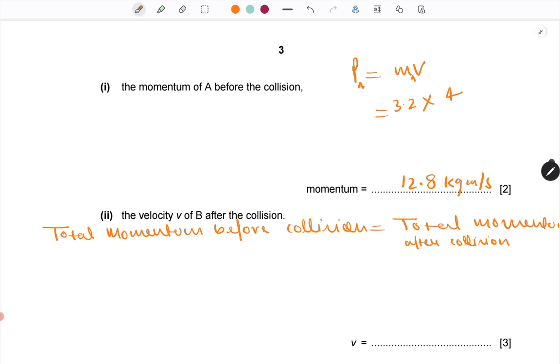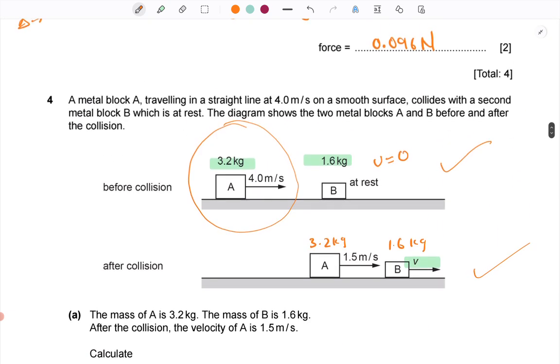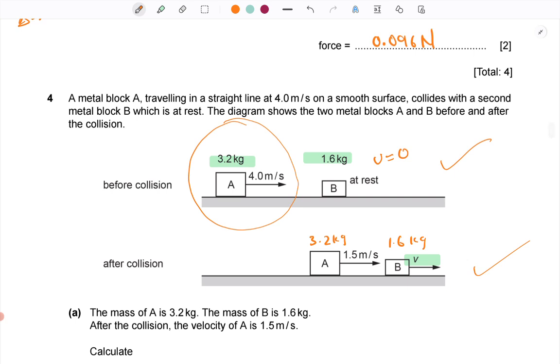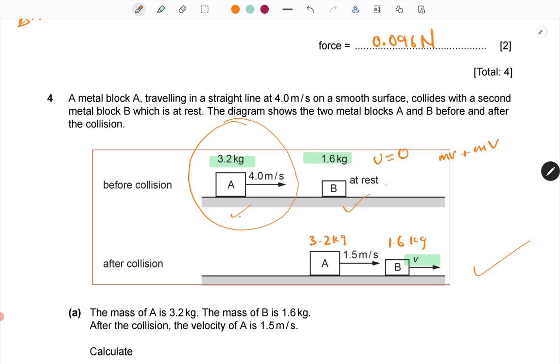Now, what do you mean by total momentum before collision? Total momentum before collision means the momentum of body A plus the momentum of body B. This is called the total momentum. Momentum of A is mass times velocity of A, plus mass times velocity of B. For A, mass is 3.2 and velocity is 4.